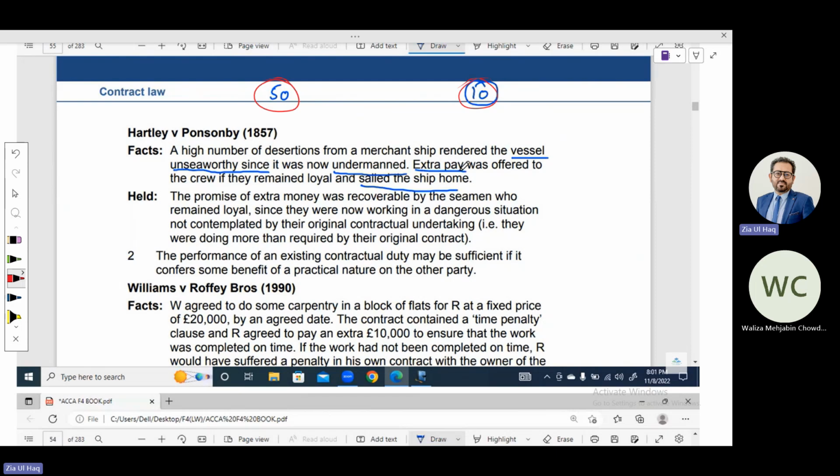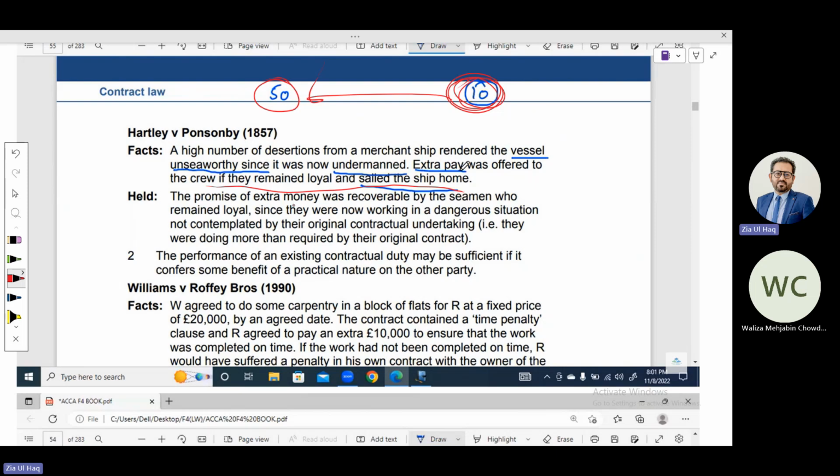So there is consideration. Extra pay was offered to the crew if they remained loyal and sailed the ship home. Now the captain asked the seamen, if you help me take the ship home, I will pay you something extra. So now they can claim extra wages because they have performed the work of 50 people, beyond their contractual duty.